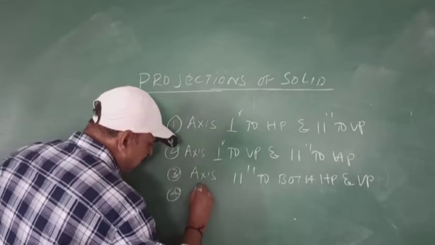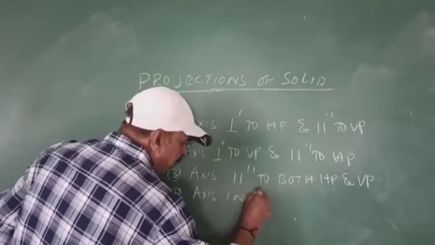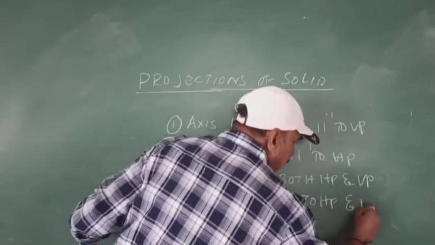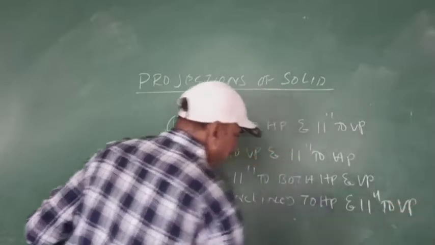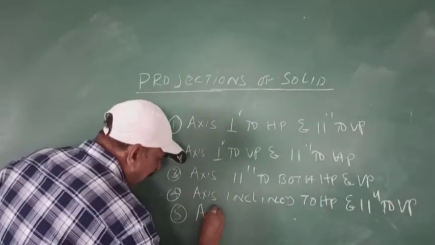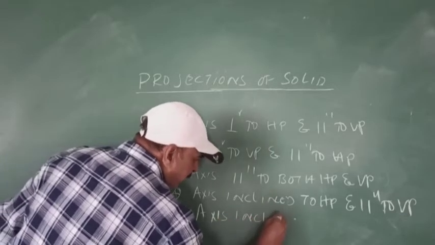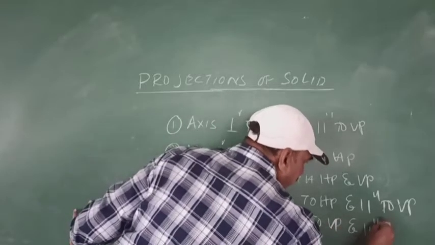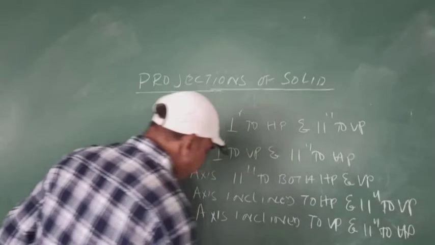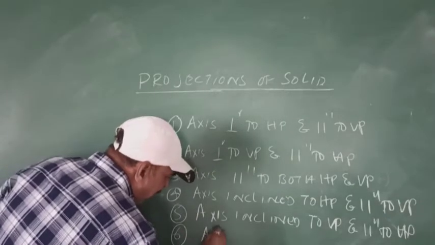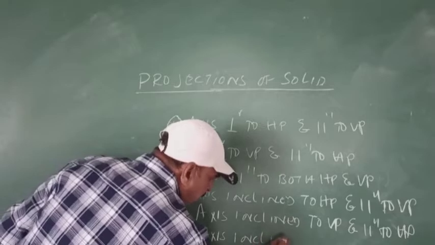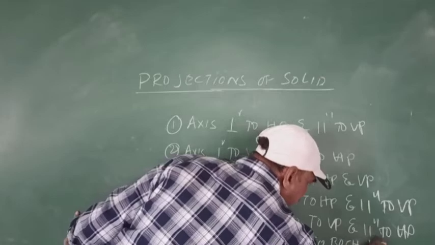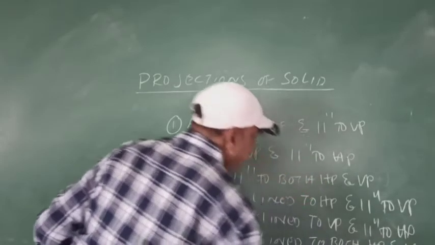And the fourth one is axis inclined to HP and at the same time parallel to VP. And the fifth position is axis inclined to VP and parallel to HP. And the last position is axis inclined to both HP and VP. So these are the positions.